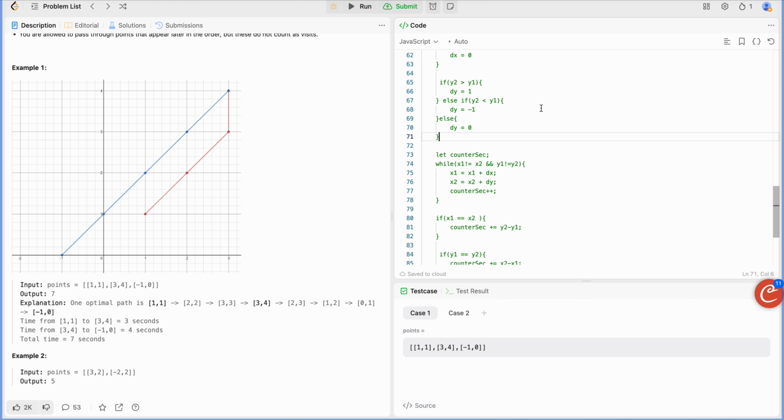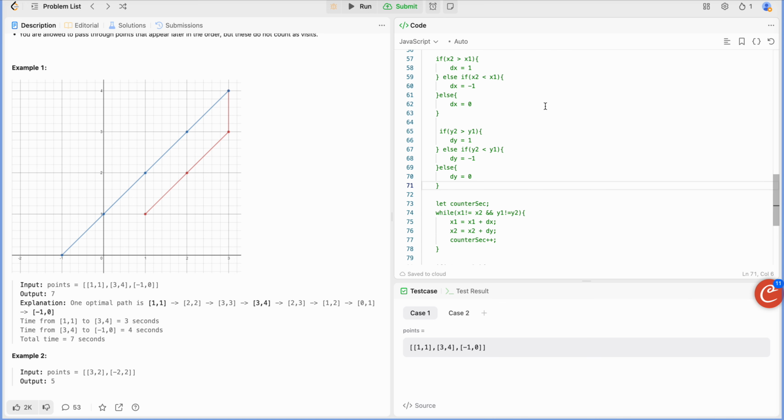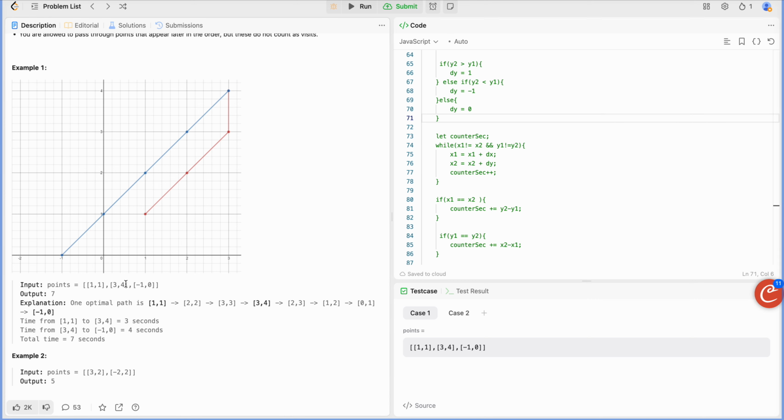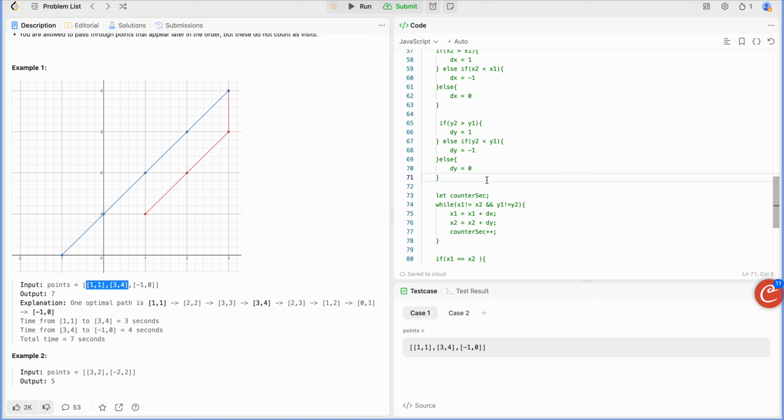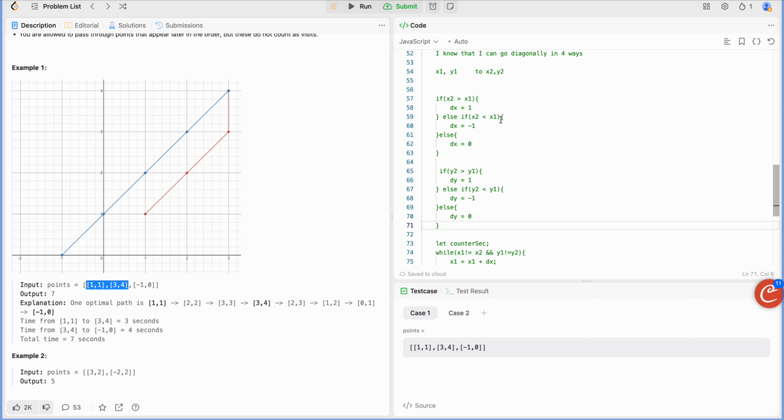Okay, so let's go through an example and then it will be easier to understand. This is just for 2 points only. Let's say from 3 4 to -1 0. So if x1 y1 is equal to 3 4 and x2 y2 is equal to -1 0, then what will happen?